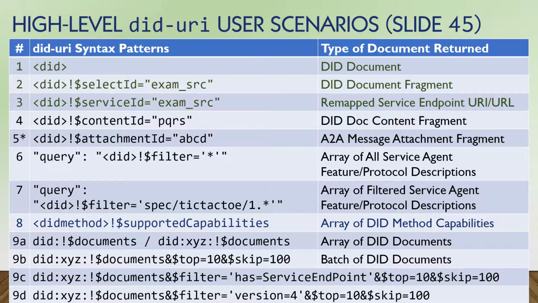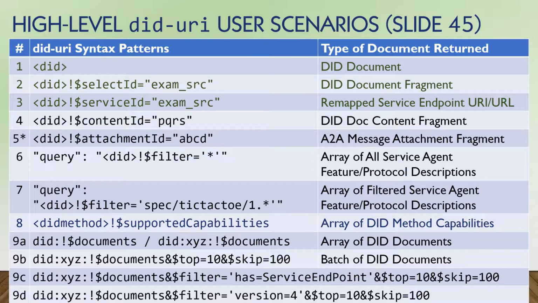Attachments, we already talked about attachments. So this is being able to extract attachment ABCD out of an Indy agent-to-agent message. So this is a message attachment fragment. In the Indy feature discovery spec, there's the ability to query all of the service agent features or feature descriptions.